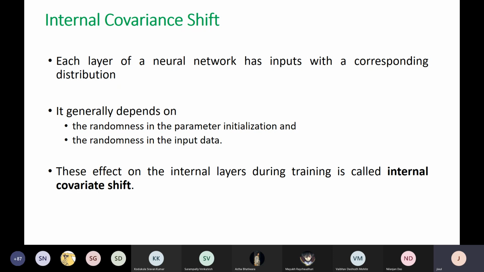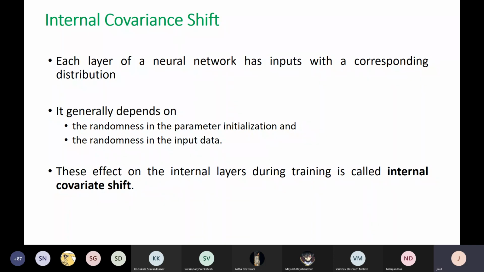Number one, you remember that you initialize these parameters randomly, using a particular mechanism, Xavier initialization or Kaiming initialization that we have seen. Of course these values will depend on this randomness in the parameter initialization. Number two, there is always some element of randomness in the input data also.